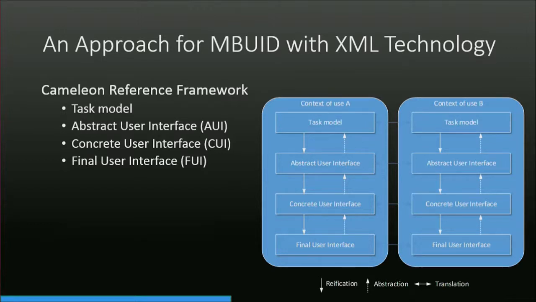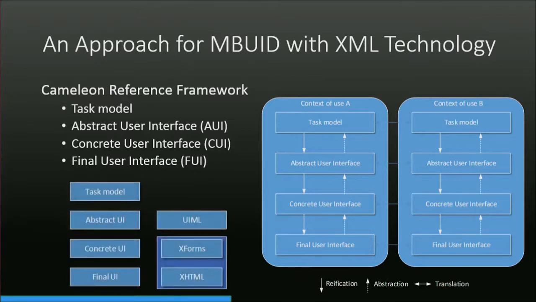Then it supports this concrete user interface, which is now modality dependent, but platform independent. So you still say, okay, this user interface will be for touch, but you don't specify which platform of touch. You just specify the modality, for example. And the final user interface is the actual source code that is being generated that the users interact with.